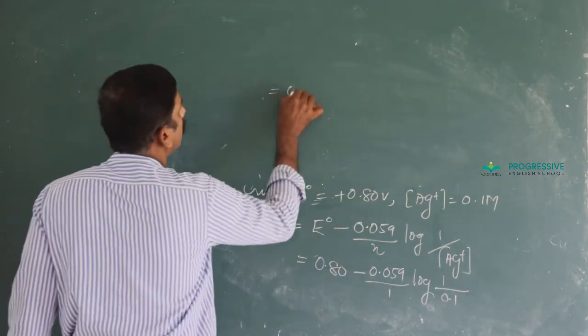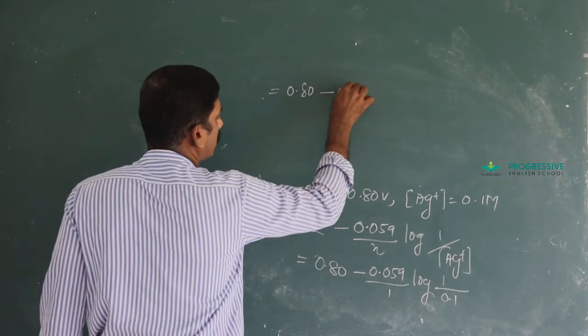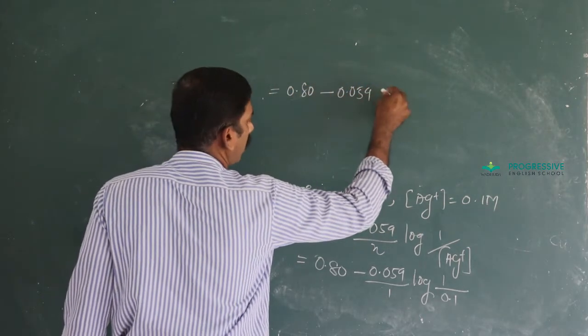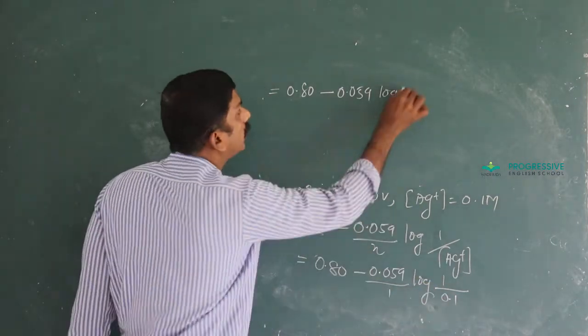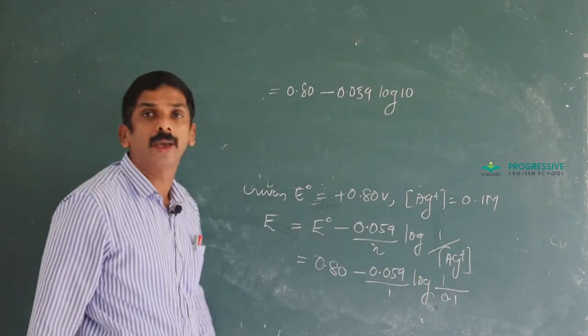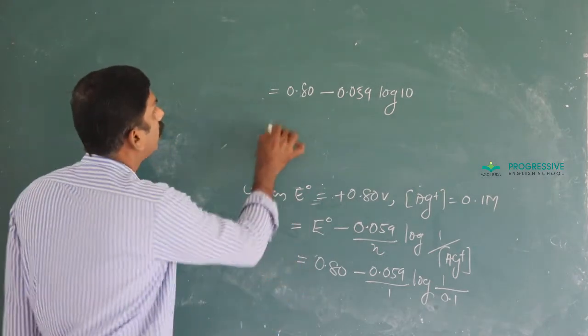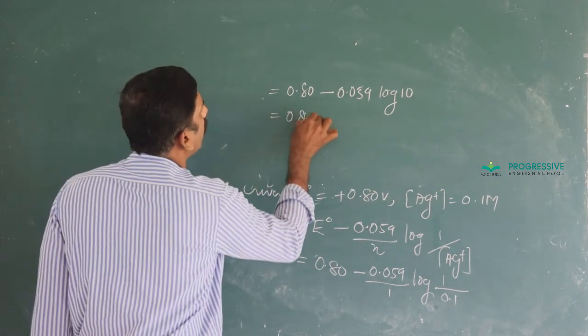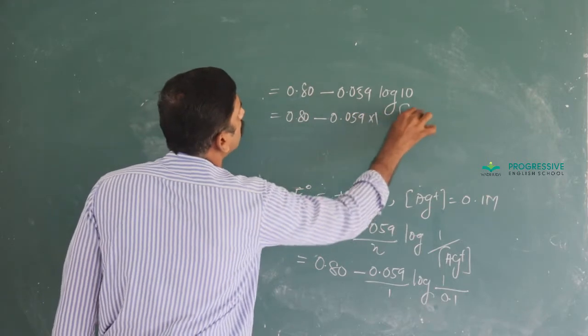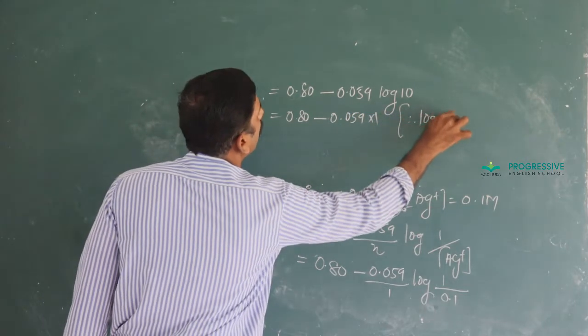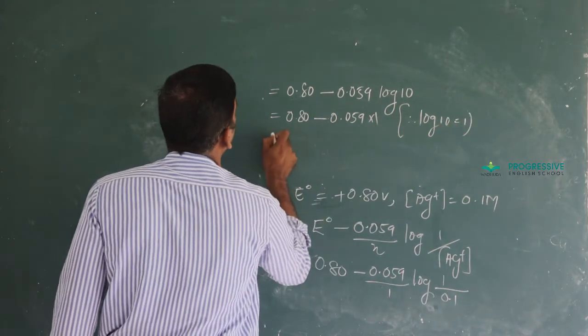That is 0.80 minus 0.059 log 1 divided by 0.1, which means 10. You know, log 10 equals 1. Therefore, 0.80 minus 0.059 into 1, since log 10 equals 1.